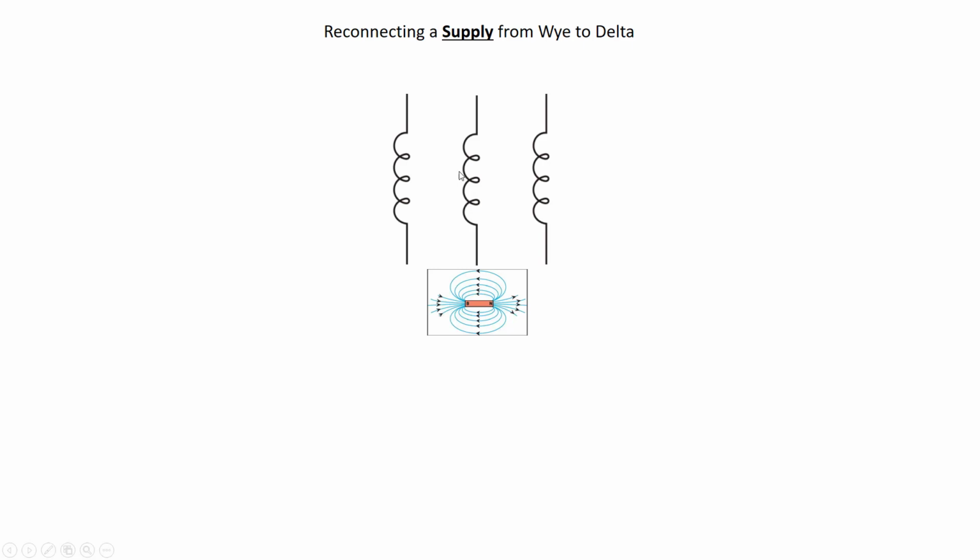So the magnetic field would cut across these coils and induce a voltage. Each coil in this case produces a voltage of 120 volts, and due to its gauge size is restricted to a maximum of 20 amps. So we can only pull 20 amps of current through each coil before this transformer or generator could potentially overheat.